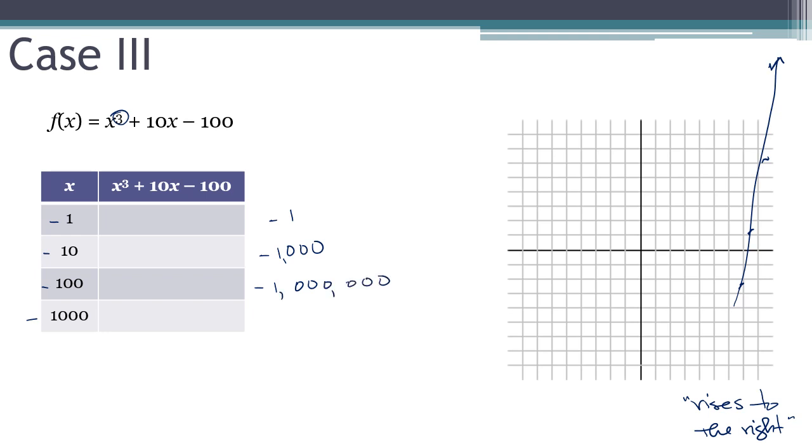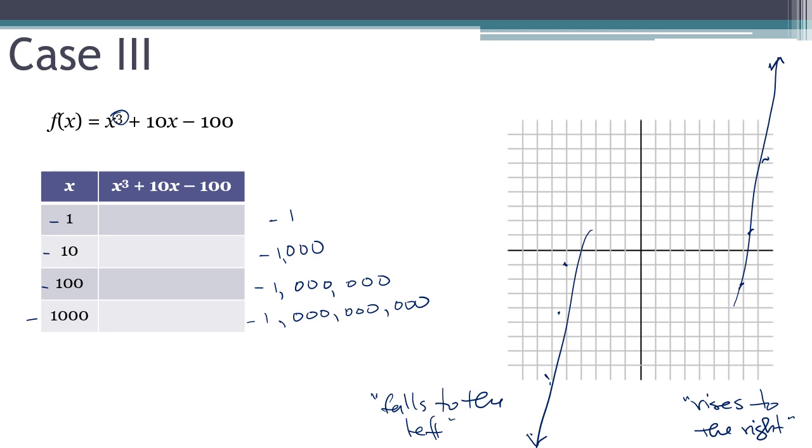And -1,000, that would be -1 followed by 9 zeros. So we're seeing a similar behavior now, right? We're getting negative numbers and it's dropping off quickly. So this graph falls to the left.